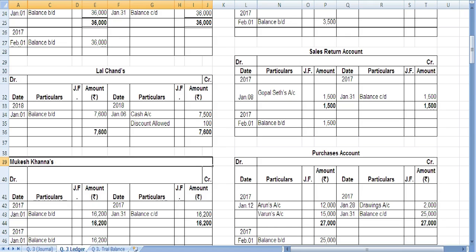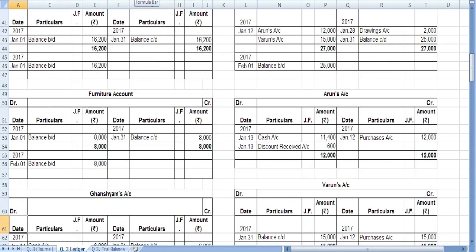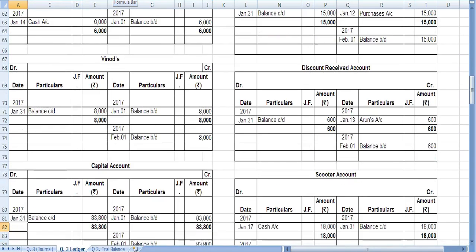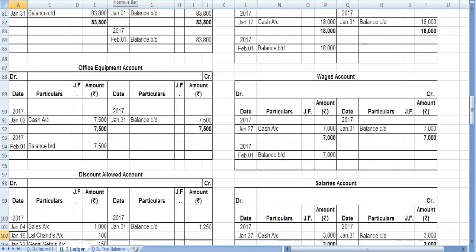Okay, then we have here furthermore furniture account, Ghanshyam, Vinod, capital, office equipment, discount allowed account.